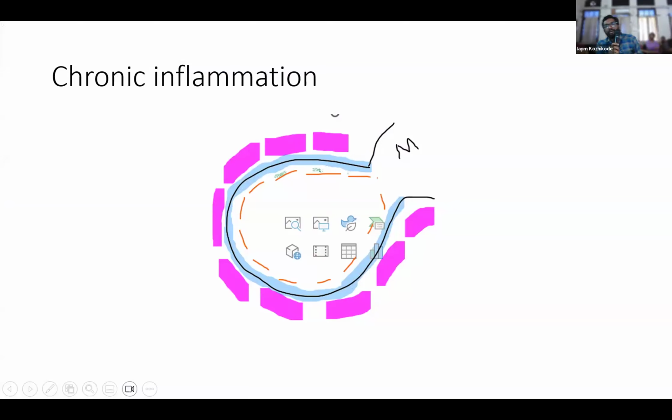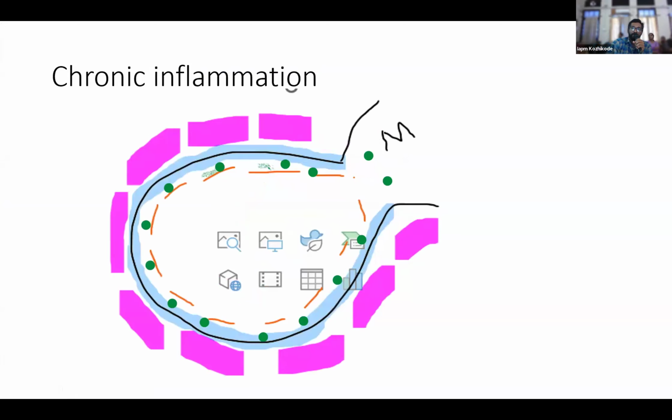Now we'll go into a chronic inflammation scenario in terms of the glomerular capillary loop. So this is our capillary loop, and the patient has a chronic disease like tuberculosis or, say, SLE. In our scenario, SLE is the most common such disease.